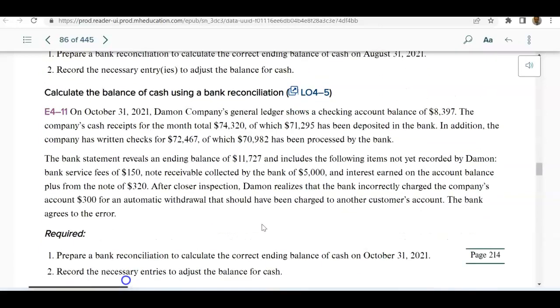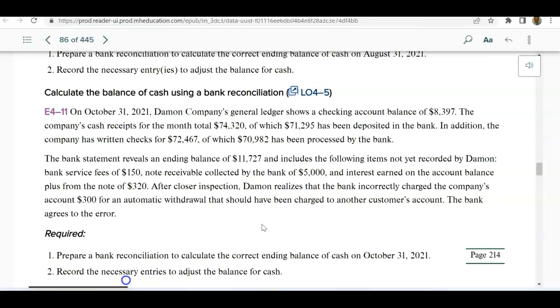In this one, it says on October 31st of 2021, the company's general ledger shows a checking account balance of $8,397. So you put that under the company's cash balance, $8,397.